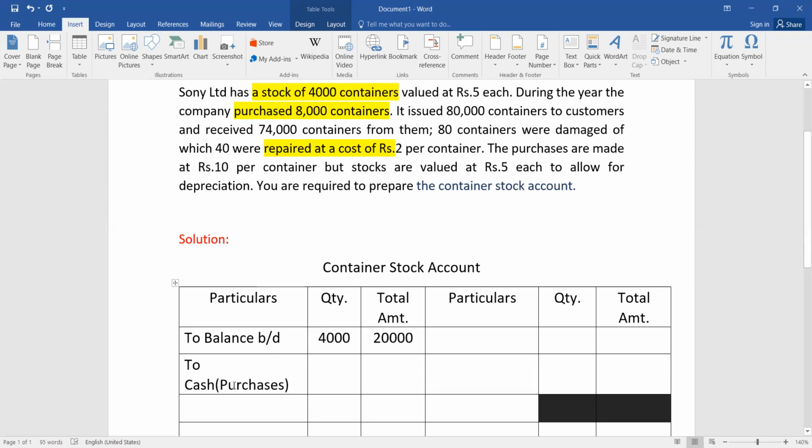So the quantity purchased is 8,000 units, and the purchases are made at rupees 10. So 8,000 into 10 is 80,000.